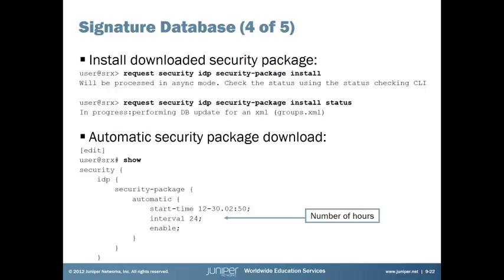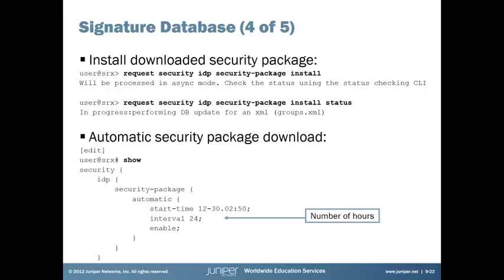Of course, once you've got your IDP set up, you're going to want to configure the attack database to download automatically at periodic intervals. So this is an example of that. We've got under the security IDP hierarchy, security package, and then automatic start time and interval, and then enable.